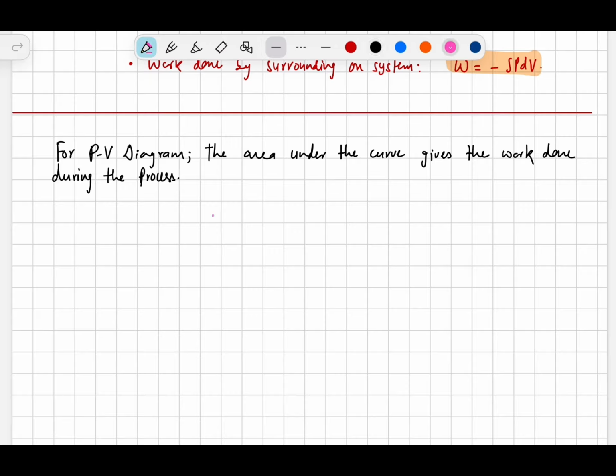ठीक है, तो suppose this was the PV axis and the process is like this, something from initial point to final point. And so the area under the curve will be like this, of course, no doubt on it.